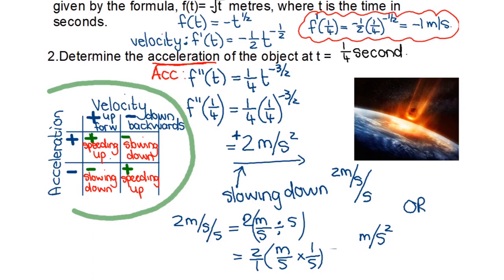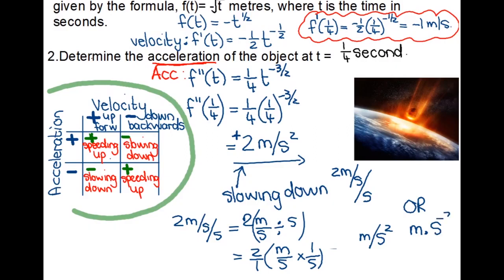Or you can write it as meters per second to the power negative 2 if you don't want that s squared to be below the line, but don't mix up the 2 units.